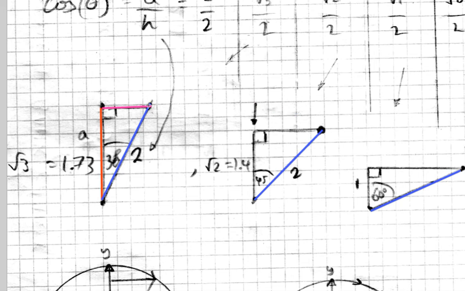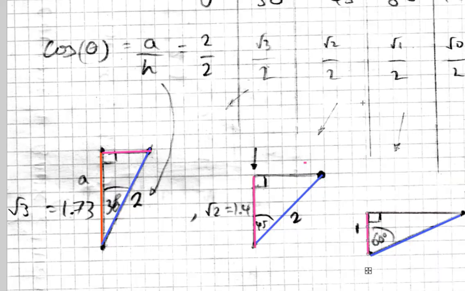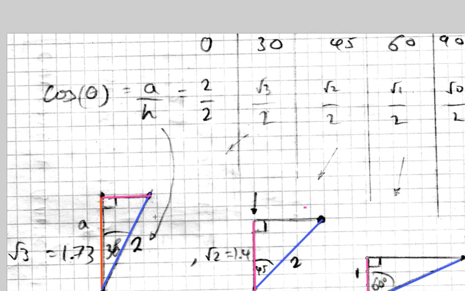So instead of it being this tall, as the angle went round in that corner, you ended up with a circle-like structure, moving it down, changing the length of the adjacent to only 1.4, root 2. Finally, for 60 degrees, we can say the same. By the time I get to 60 degrees, the adjacent length is only 1, hence 60 is 1 over 2. 45 is root 2 over 2, and 30 degrees is root 3 over 2.